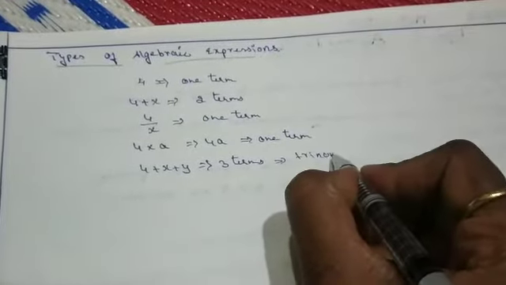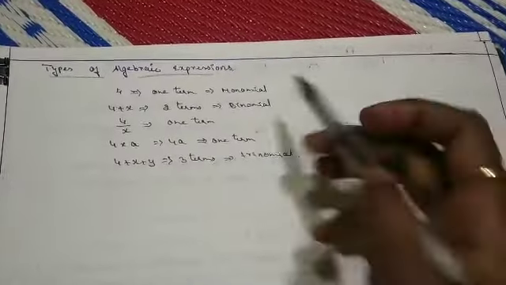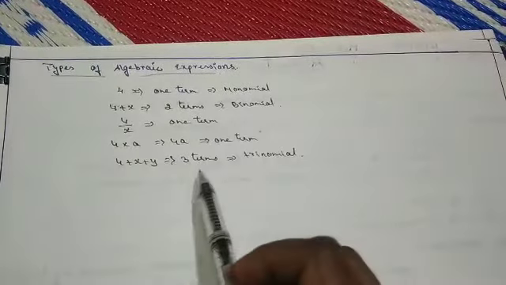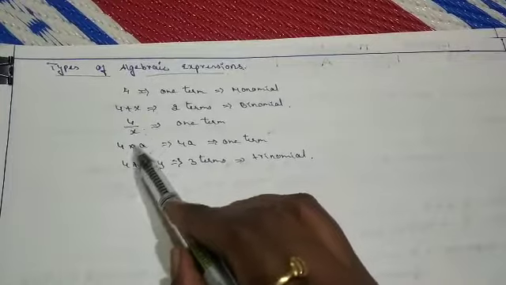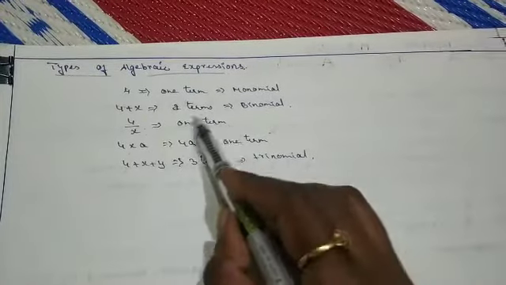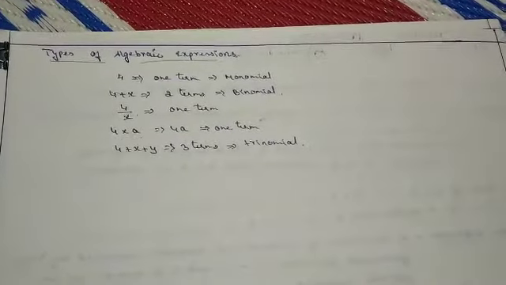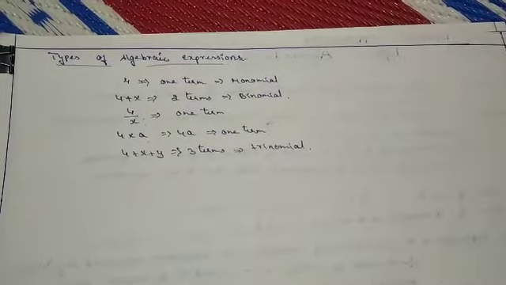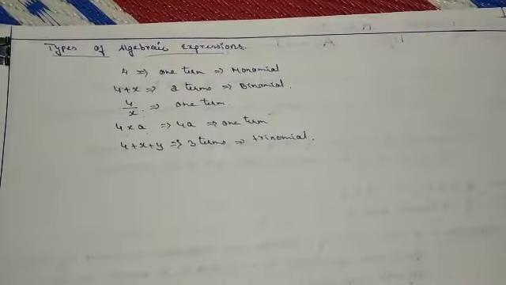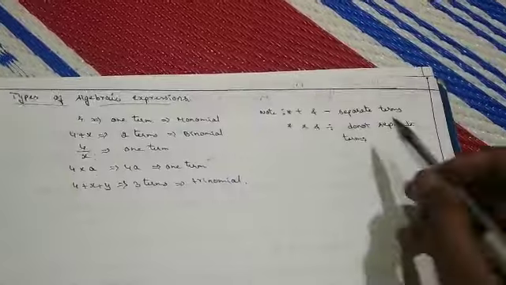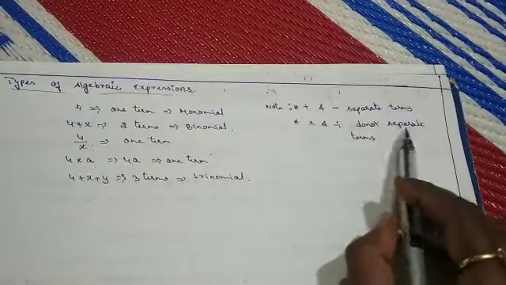These all we have learnt in class 7th standard, right? One term monomial, two terms binomial, three terms trinomial. Here we have observed 4 divided by x and 4 into a are considered as one term. So from this we come to know addition and subtraction separate the terms, whereas multiplication and division do not separate the terms.